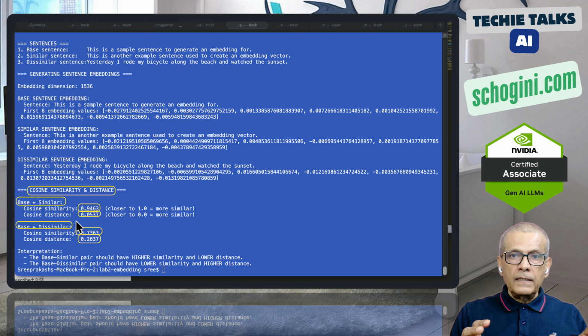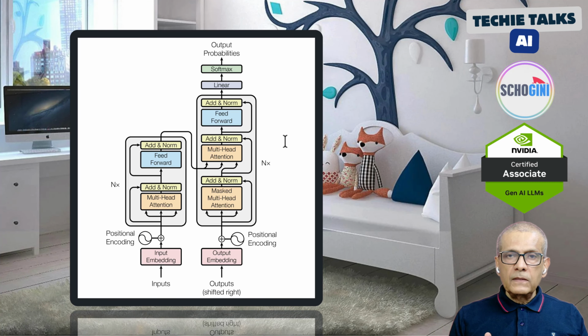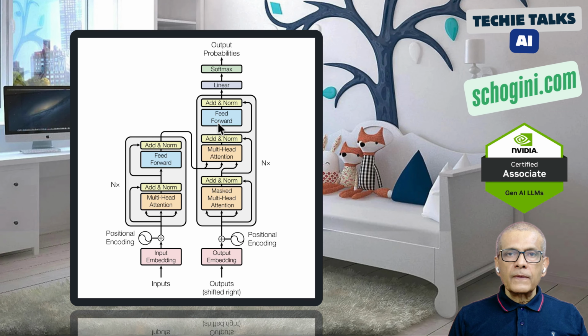When we have an embedding database called a vector database, and when an input query comes, we convert the query to an embedding and use this similarity mechanism to pick matching embeddings or closest embeddings, and then pick the corresponding chunks from the RAG database. So that is it for this video on embeddings. We have only reached this far in our journey into transformer architecture. Stay tuned for Lab 3.